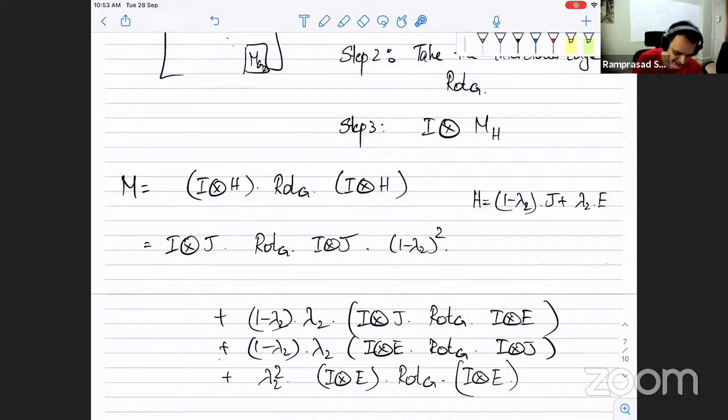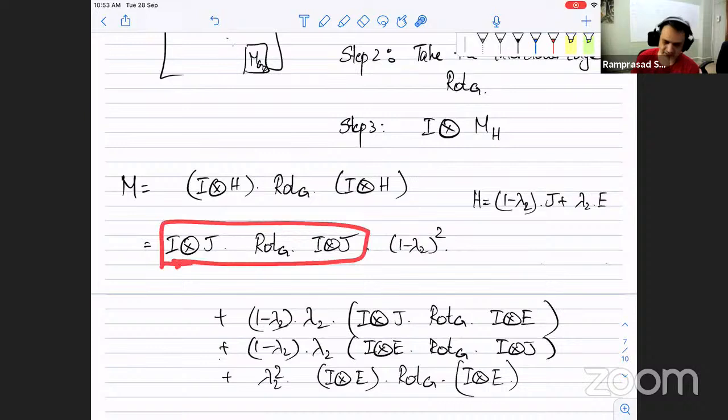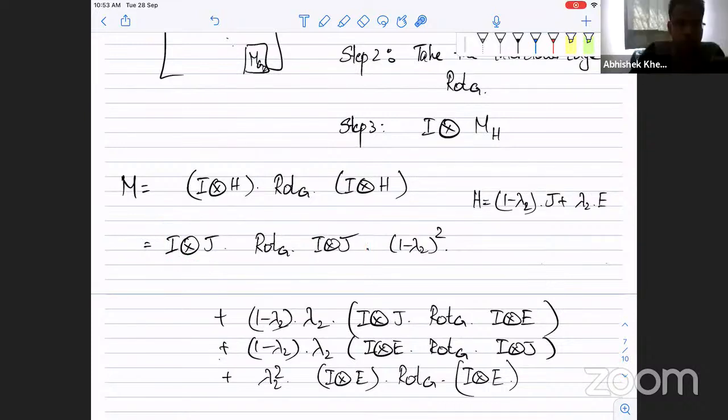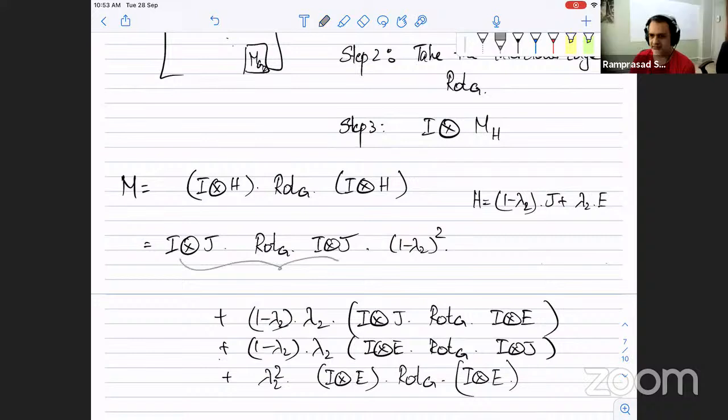Now notice, we just said, whenever we take a zigzag with a graph H, the random walk matrix happens to be I tensor H times rotation G times I tensor H, where H is the random walk matrix of the graph H. I'm just abusing notation there. Now instead of H, I'm putting a J here. So what should this be? The complete graph can be substituted. So this is just the zigzag of G with the complete graph.